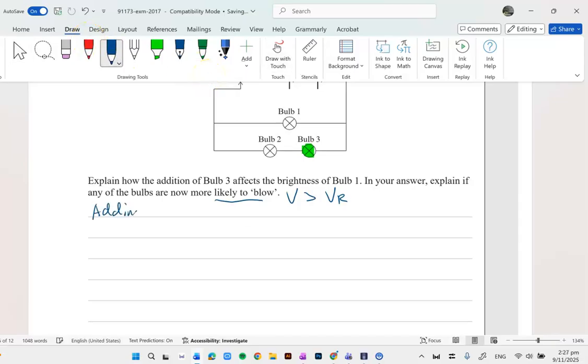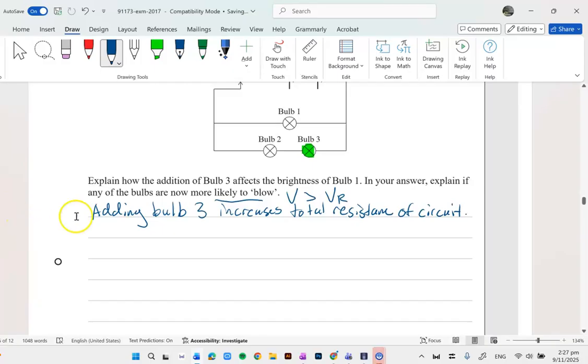Adding bulb 3 increases total resistance of circuit. Okay, that's my first statement.